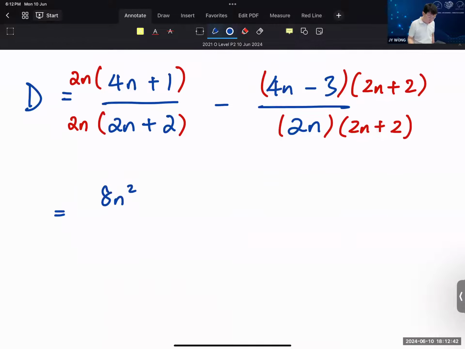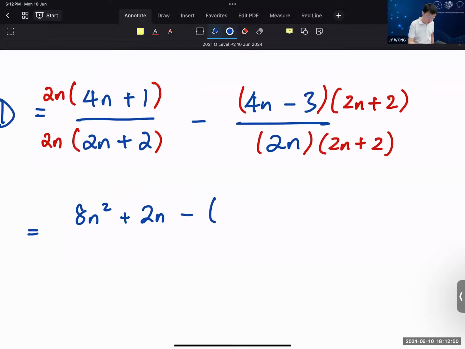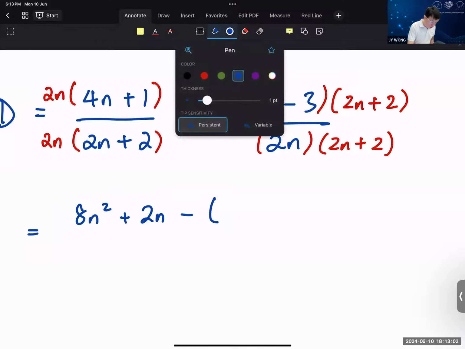8n squared plus 2n minus, and this is where you must be very careful. You need to put a bracket because it's a minus. A lot of you don't like to put the bracket with the minus, and then you forget to change your sign in the middle. Okay, this one is your rainbow expansion.